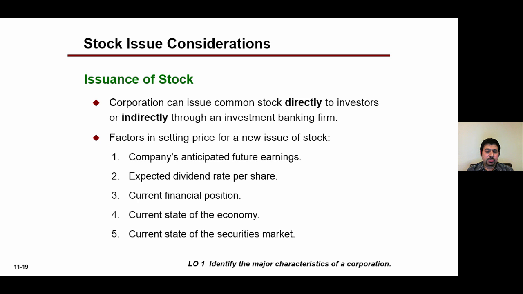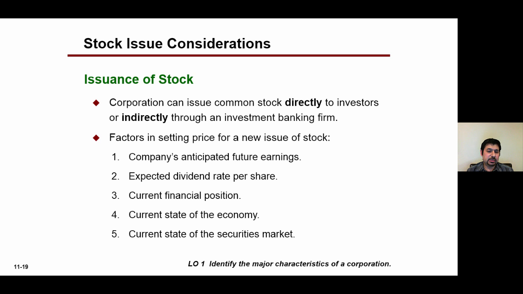Basically, they don't risk not being able to sell all their stocks. If they sell all their stocks to the investment bank, basically they have sold all these issued stocks in return for an underwriting fee. So when the company sells their stocks directly to investors, they won't be paying any fees. However, they will risk not being able to sell all their stocks.